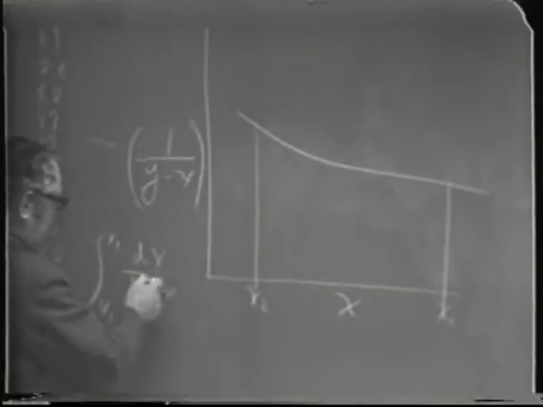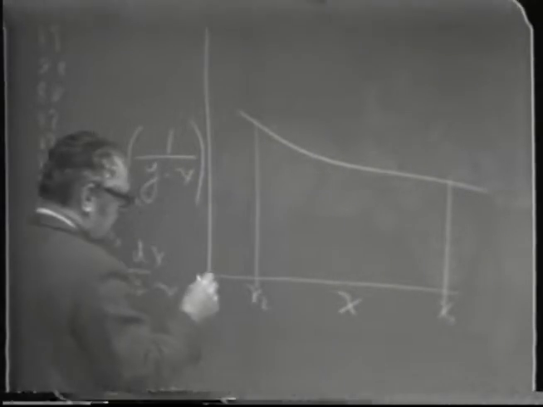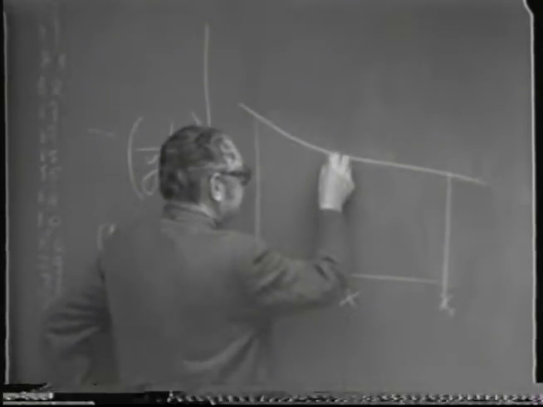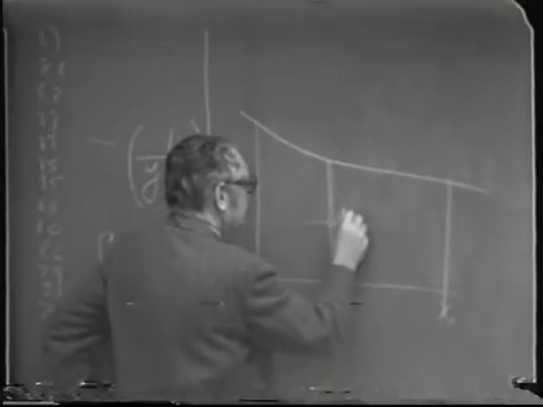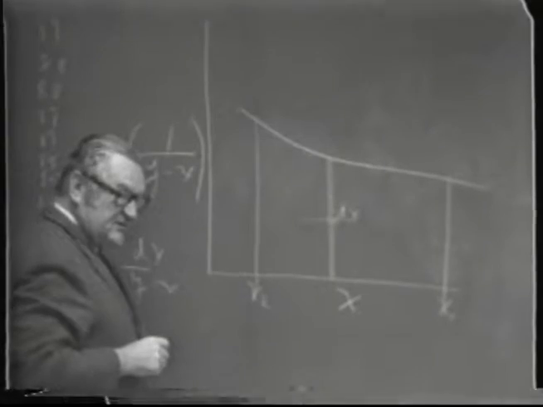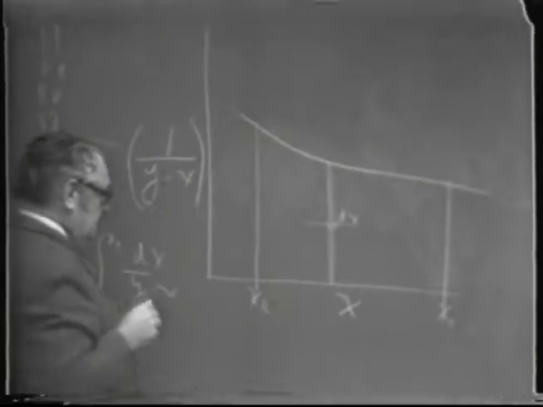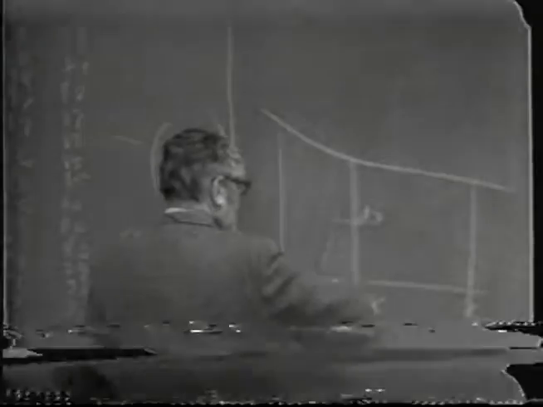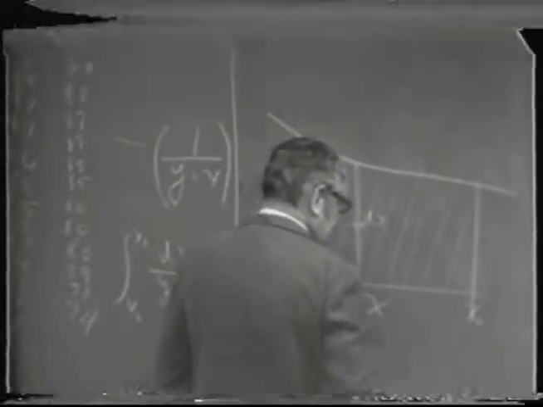If all we're doing in integrating is summing up the product of a little differential segment of x, dx, multiplied by the variable on the vertical scale, which is now 1 over y minus x. So when you integrate, we simply are in effect adding up all the area under the curve between these two limits.